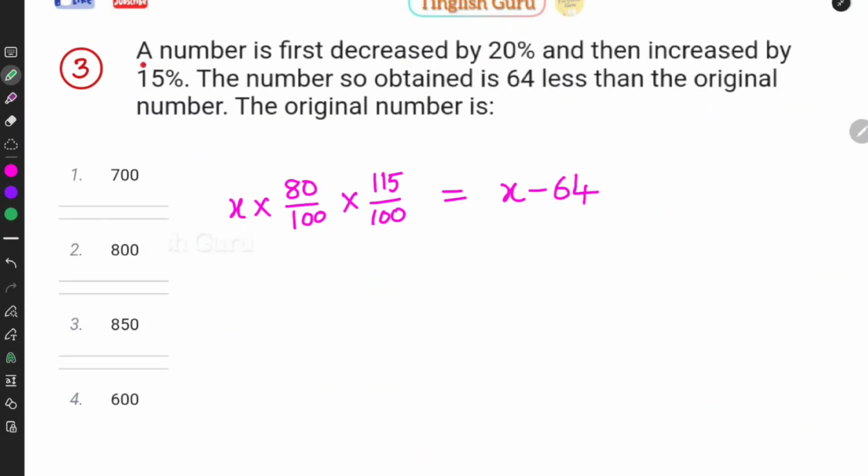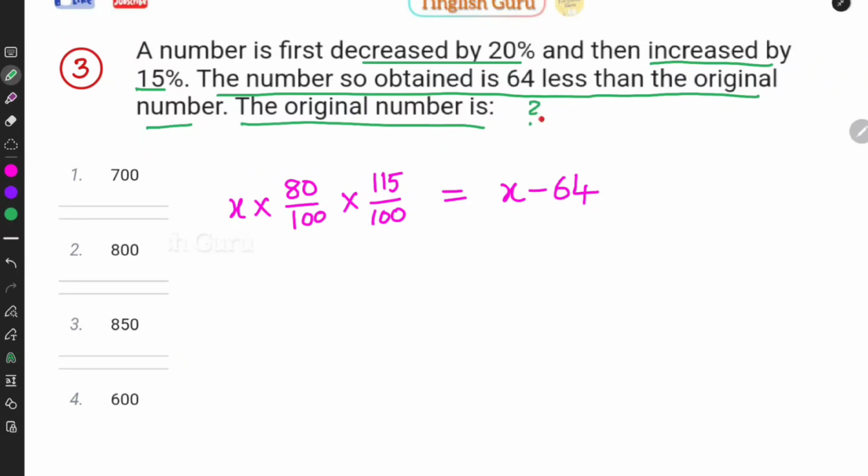Here in this question, a number is first decreased by 20% and then increased by 15%. The number so obtained is 64 less than the original number. Then they ask, the original number is question mark.